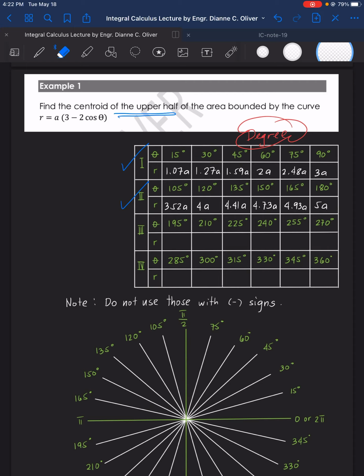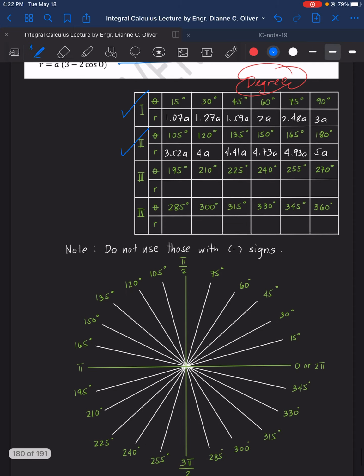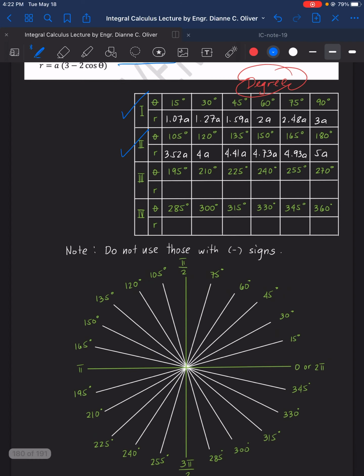Okay, so let's sketch the curve here. For 15 degrees, we have here 1.07, but let's start first with the bigger value for radius, and that is found at 180 degrees, and that is 5A. So let's say this is the 5A point here. Then next, in 120 degrees, we have 4A.